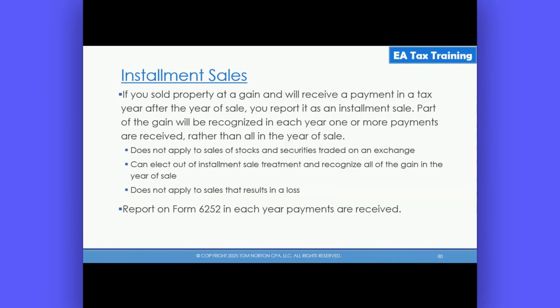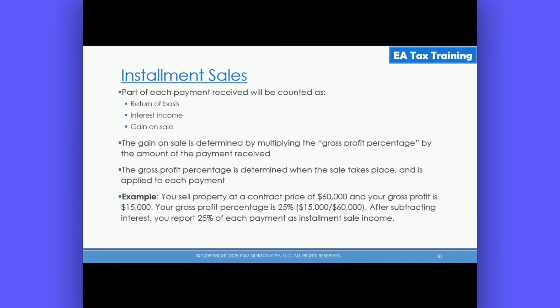You report any of these installment sales on Form 6252, and you use that form in each year that any payments are received. So if you have this installment sale, part of each payment that you receive is going to count as a return of your basis in the property. Part is going to count as interest income, and part is going to count as the gain on the sale of the property.